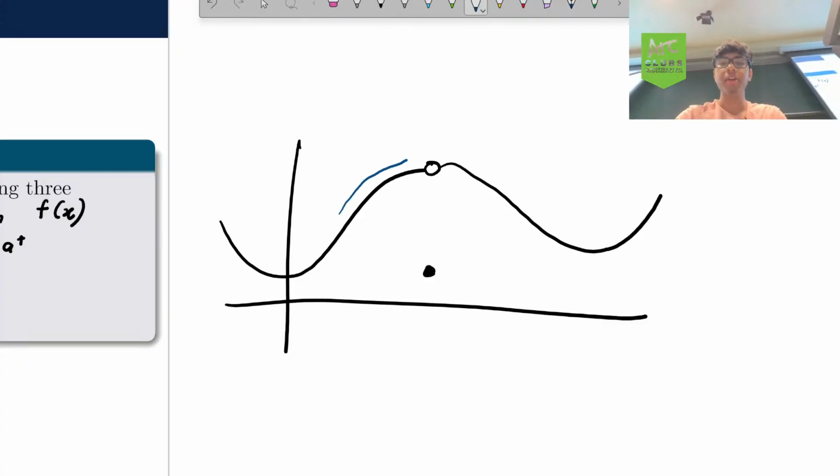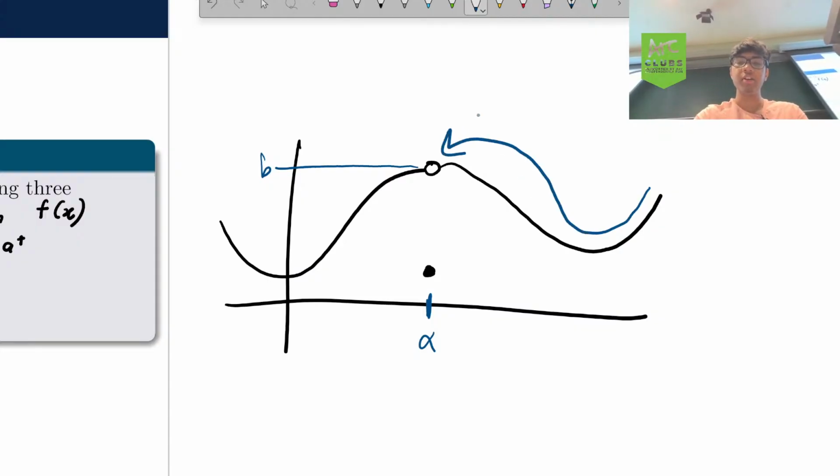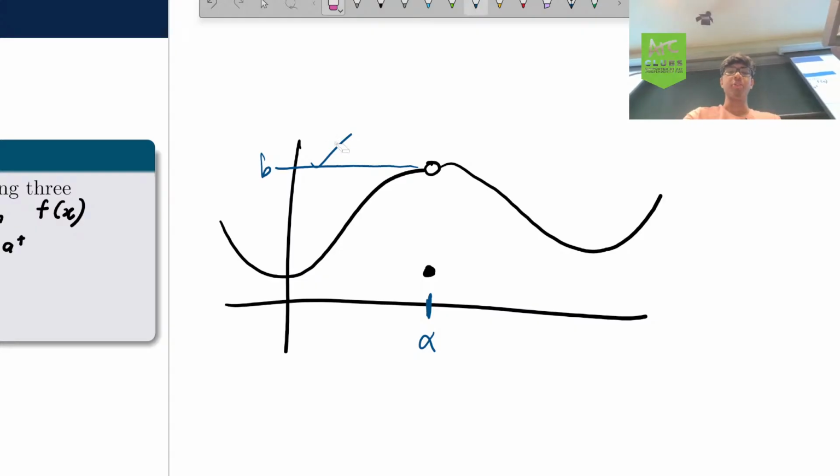If I approach this key point, let's call this alpha, from my left-hand side, following this curve all the way along to here, I get whatever this value is. Let's call this b. That's cool. What if I approach from the other side? If I follow this all the way along, I get this same value b. Okay, those two are the same.